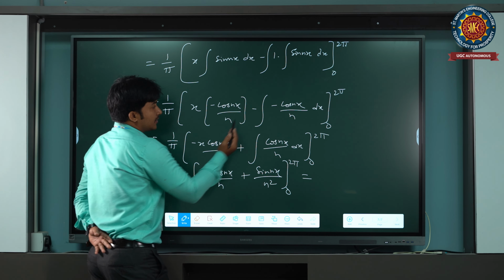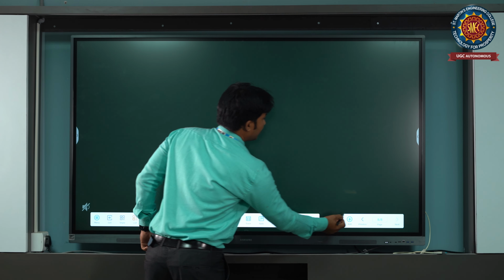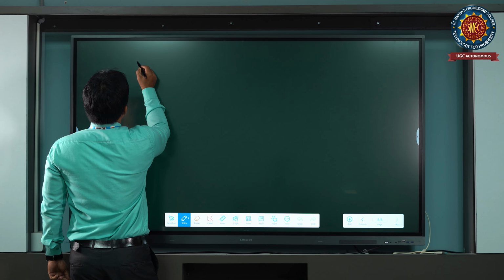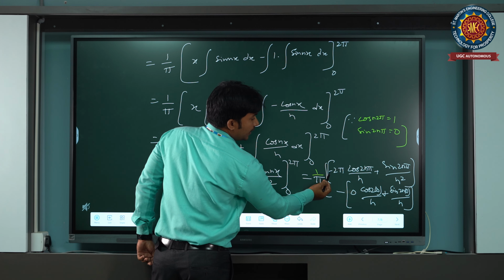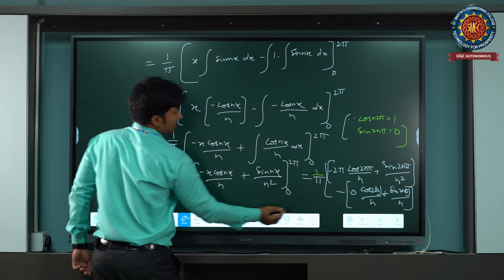Observe that cos 2n pi has value 1 and sin 2n pi has value 0, so that term must be 0, and the remaining term is 1 by pi times minus 2 pi by n cos 2n pi, which equals minus 2 pi by n. The remaining result is minus 2 by n.